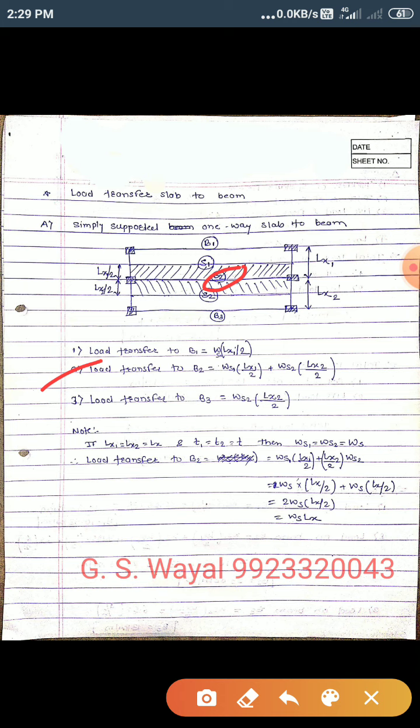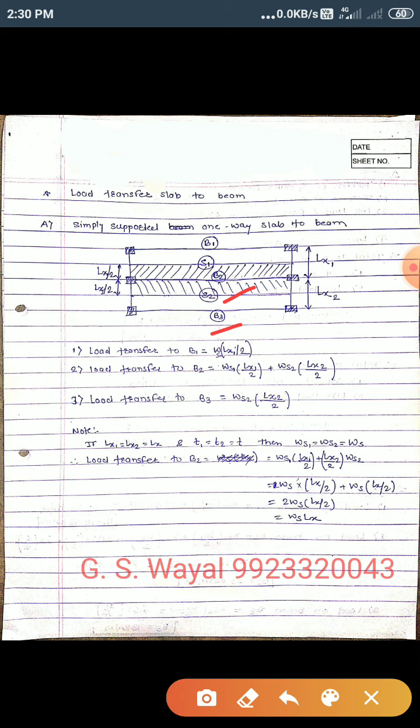So the load on beam B2 is WS1 LX1 by 2 plus WS2 LX2 by 2, where WS1 LX1 by 2 is from the first slab and WS2 LX2 by 2 is from the second slab. As we know, half of the load is transferred from slab to beam, that is, the formula is WL by 2. Similarly, you can calculate the load transfer from the S2 slab to this B3.